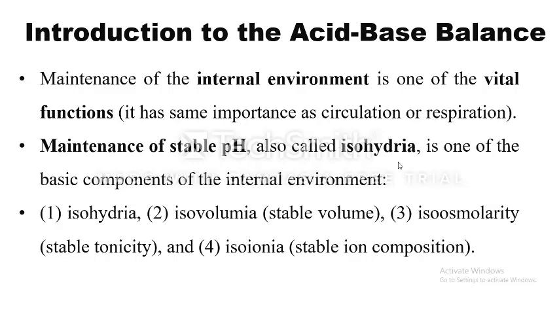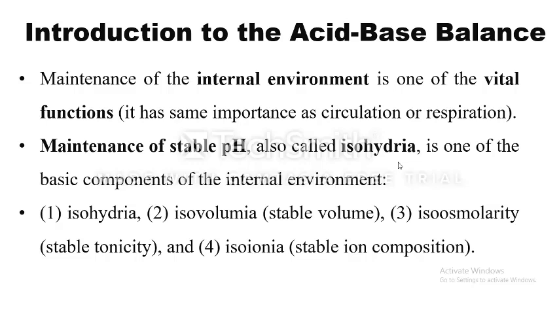Maintenance of the internal environment inside our body is one of the vital functions, just like different other functions, for example circulation of blood, or respiration, or digestion. This maintenance of the internal environment is also a vital function.